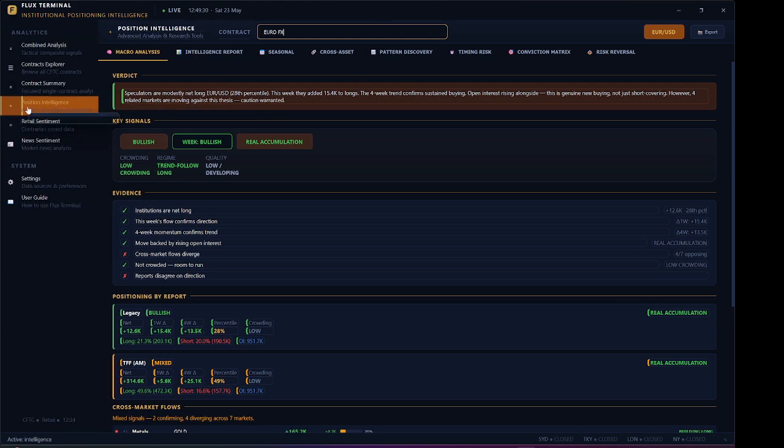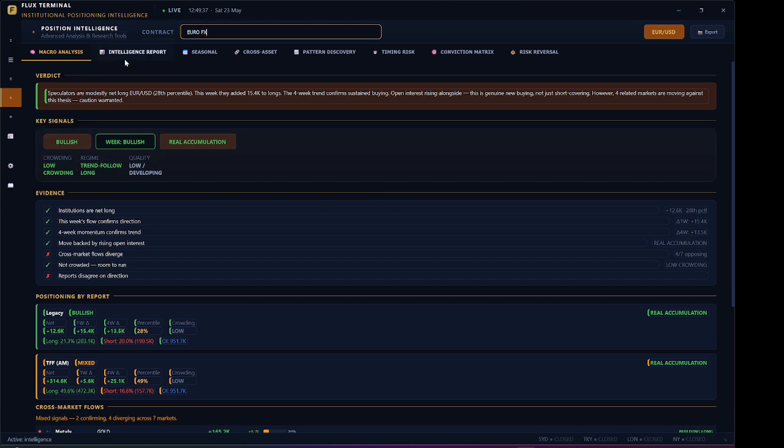Then you come into the position intelligence, which is your main analysis tab, where you have a bunch of different subtabs, such as macro analysis, intelligence report, seasonality, cross assets, pattern discovery, time and risk, conviction matrix, and risk reversals.